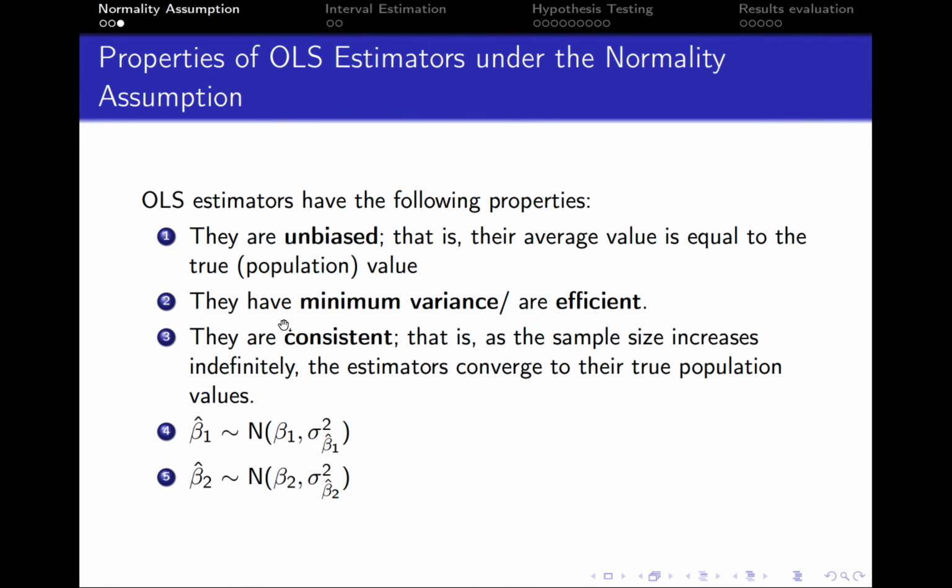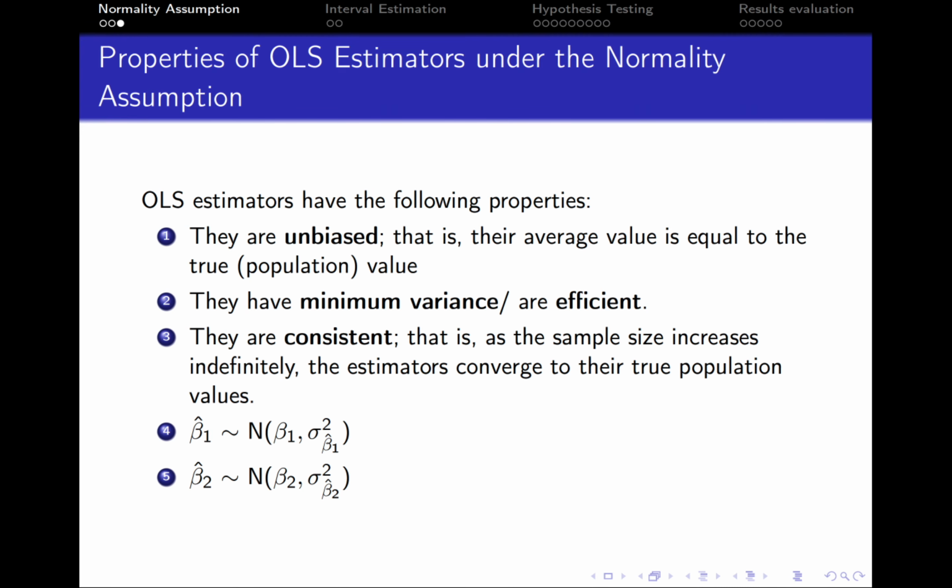Besides that, the OLS estimators, beta coefficients, they have minimum variance, or in other words, they are efficient. So they have minimum variation. And the next property, I believe this is something new we haven't discussed before, is that OLS estimators are consistent.